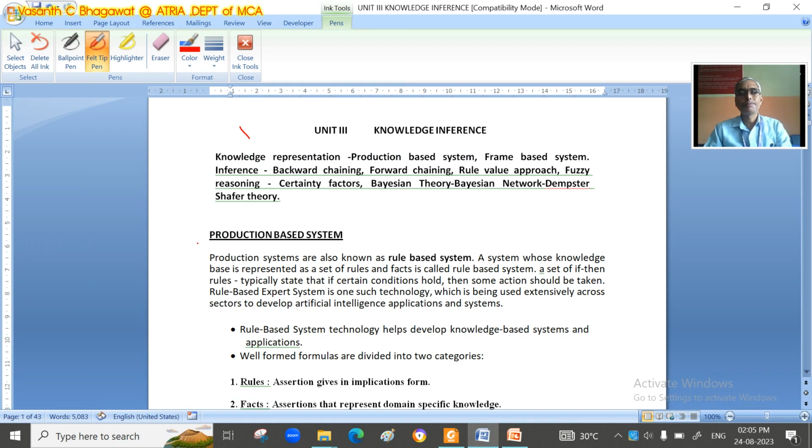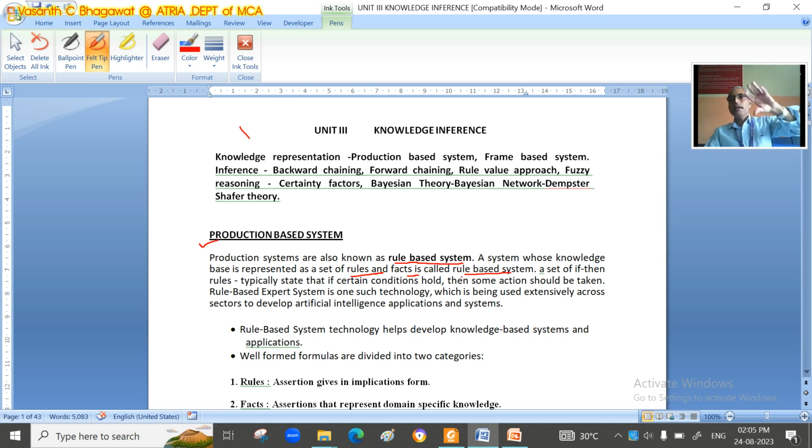This is called the production based system. What is it? It's also called a rule based system, and the name implies that we have some rules. A system whose knowledge base is represented in a set of rules and facts is called a rule based system.